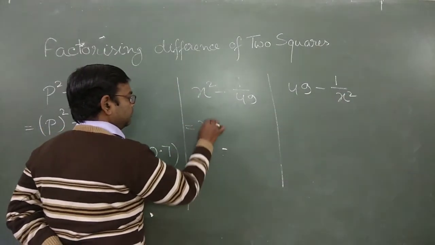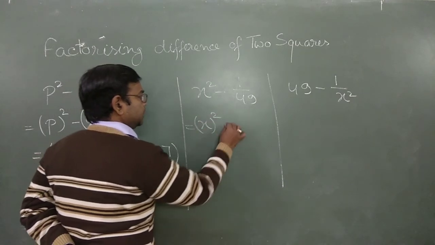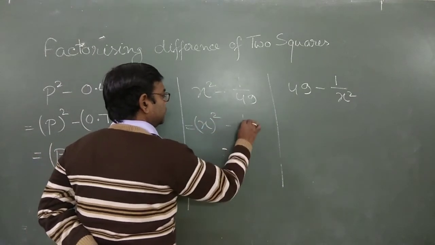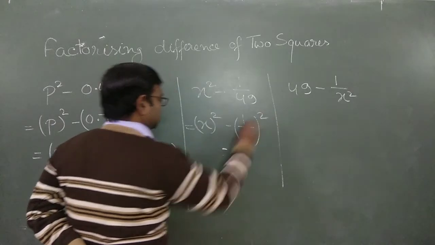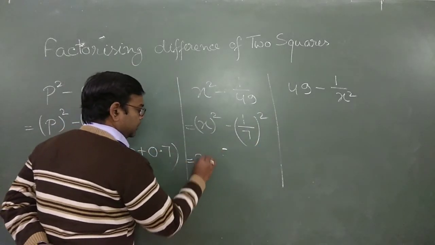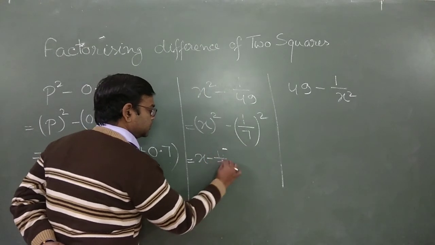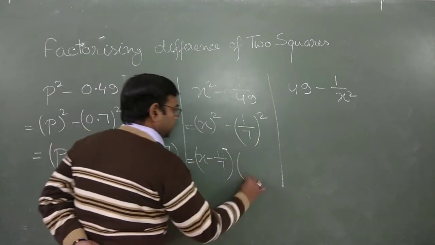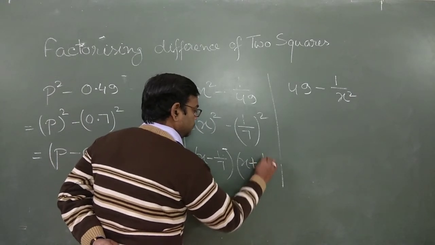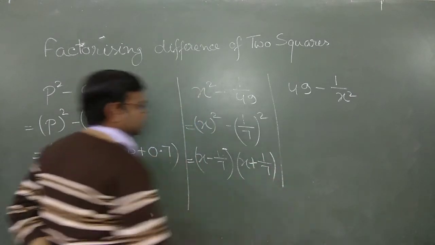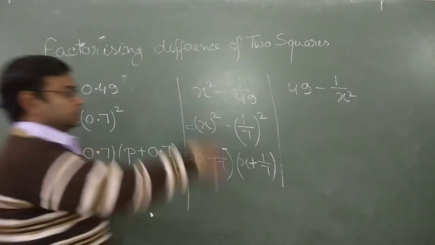We first follow the steps only. x square minus, square root of 1 is 1, square root of 49 is 7, and it's a whole square. Now we can write down x minus 1 upon 7 or x plus 1 upon 7. Clear?